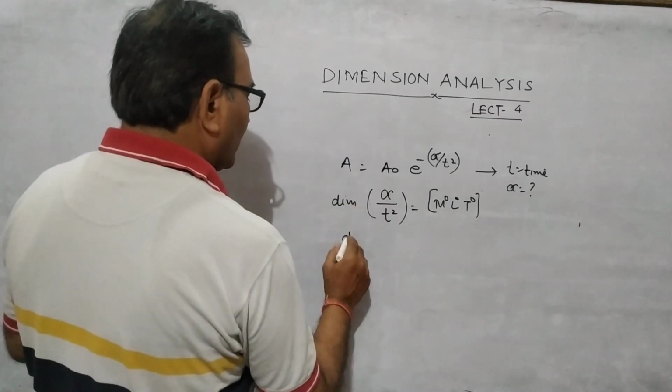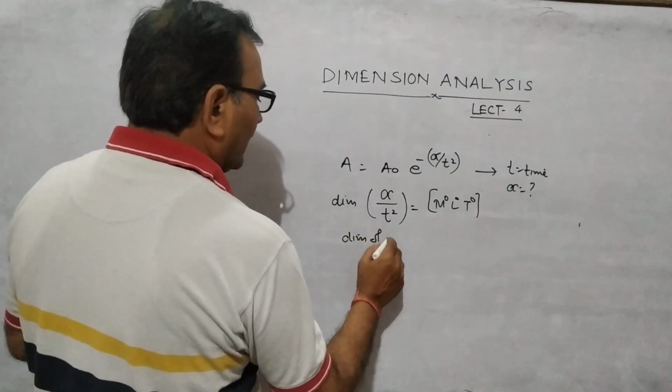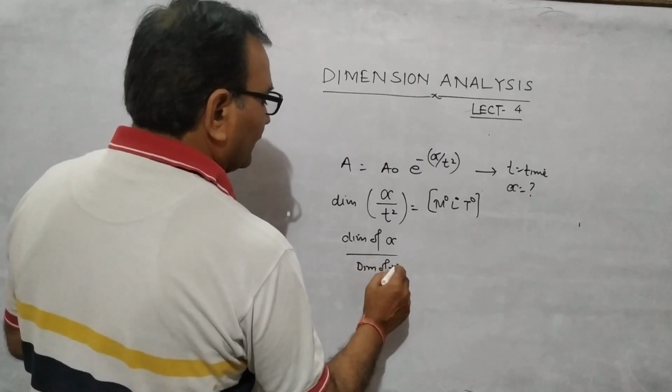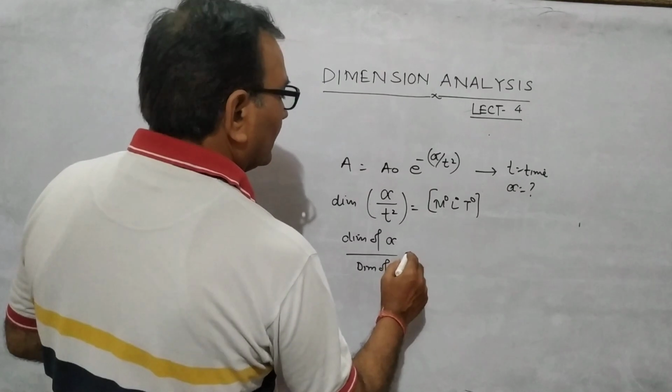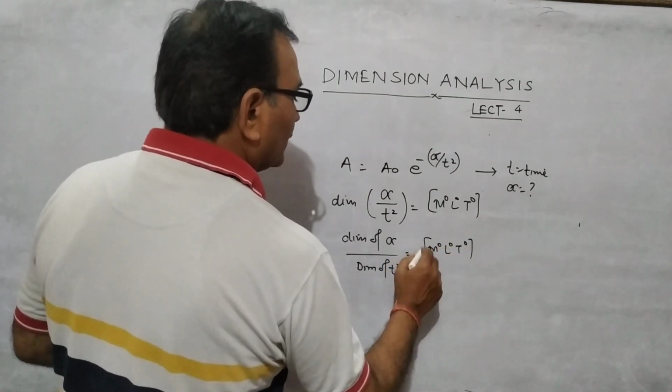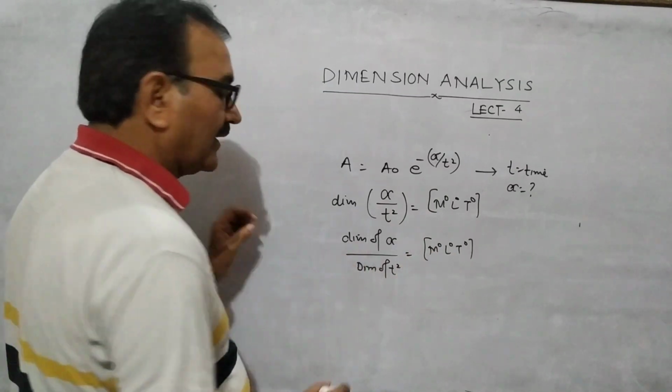So dimension of alpha upon dimension of t square equals M0, L0 and T0. Now you have to calculate the dimension of alpha.